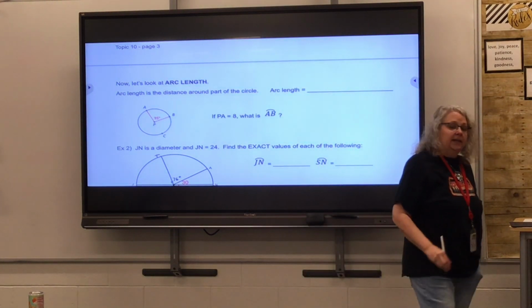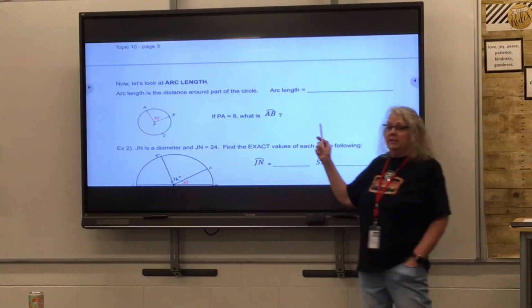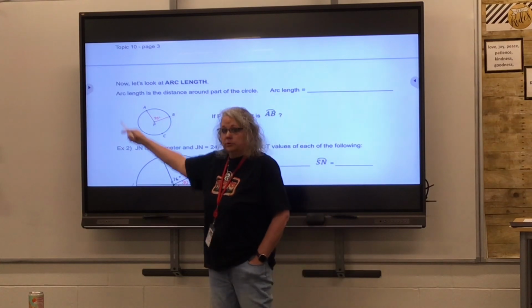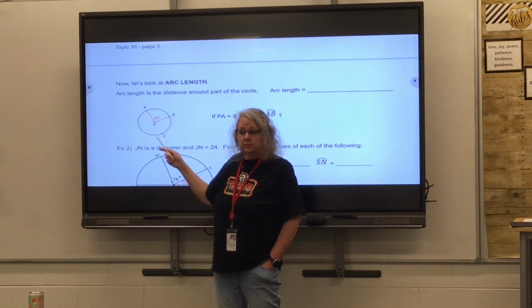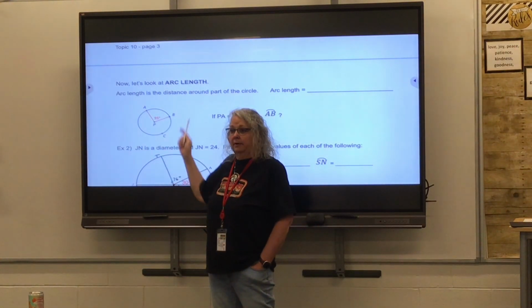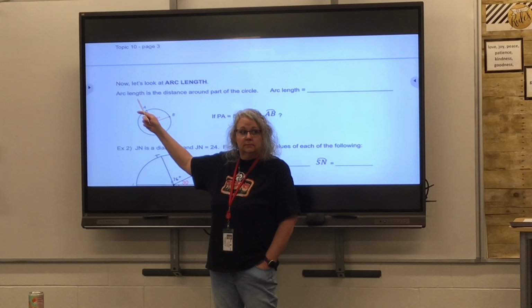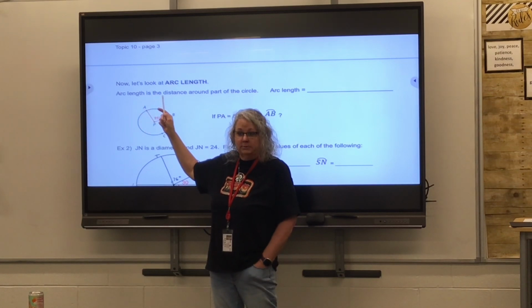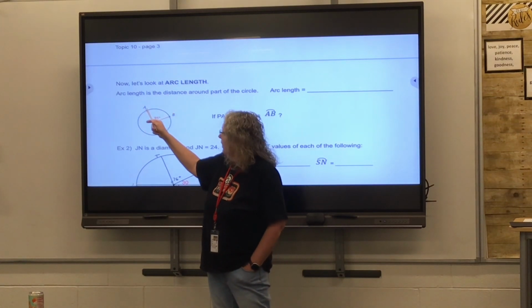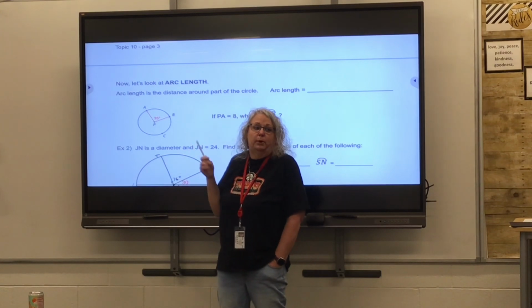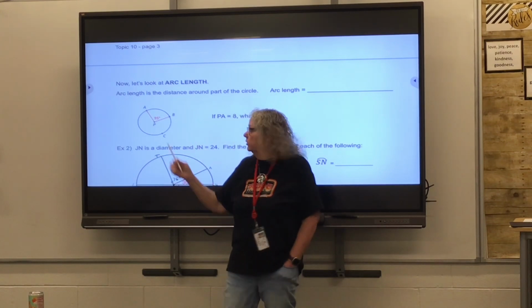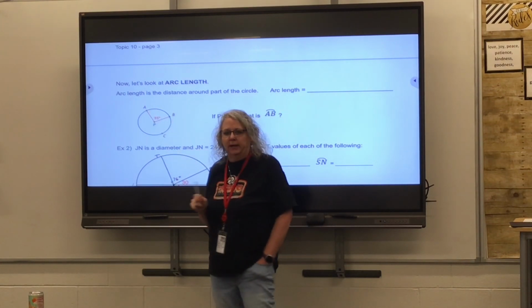But the length of it, now we're going to look at how to find that. The length will be based on the circumference of the circle. What is the circumference? Pi times diameter, right? But I'm not looking at the whole circle, I'm only looking at part of the circle. What part would I be looking at from A to B?